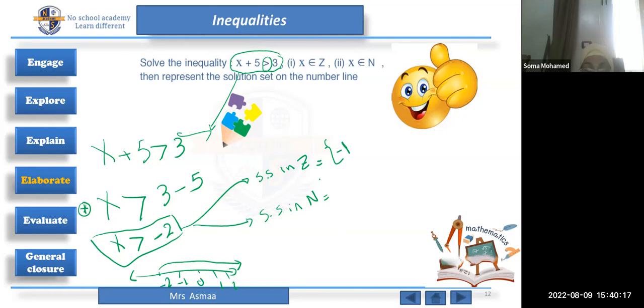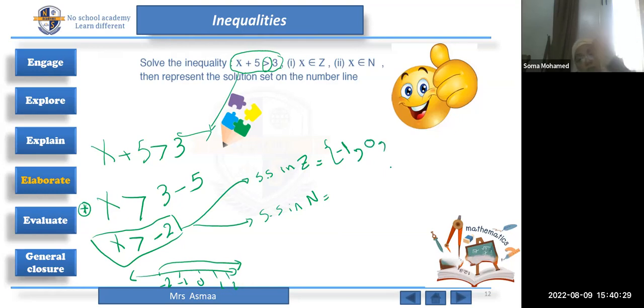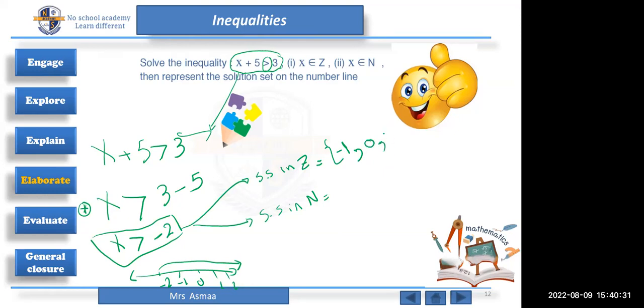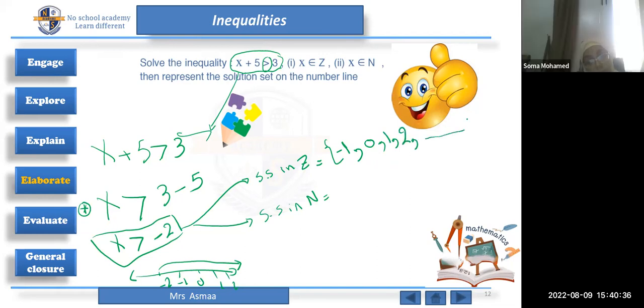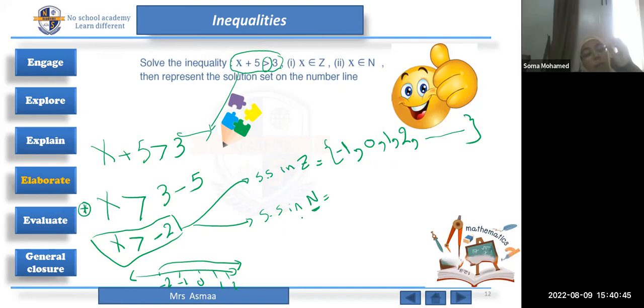So the solution set in Z will be equal to what? Negative 1 and 0. Super. And 1, and 2, and so on. What about in N? I choose only the numbers from the number line which belong to the natural numbers.